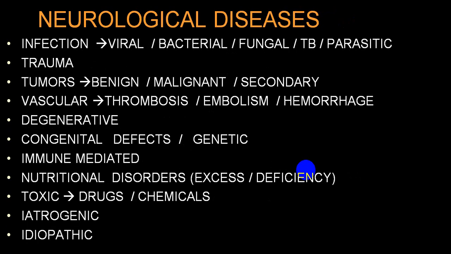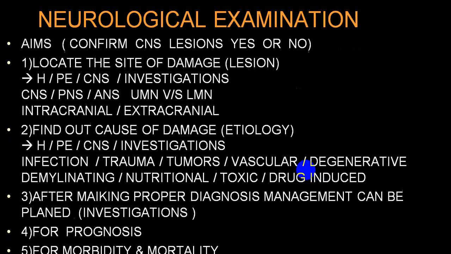So these are all different types of neurological disorders you will come across, and you have to identify them by good history, observation and examination, and then followed by investigations. So the main aim is to confirm the CNS lesion, locate the site of the damage, and that can be done by good history, physical examination, CNS examination followed by investigations.